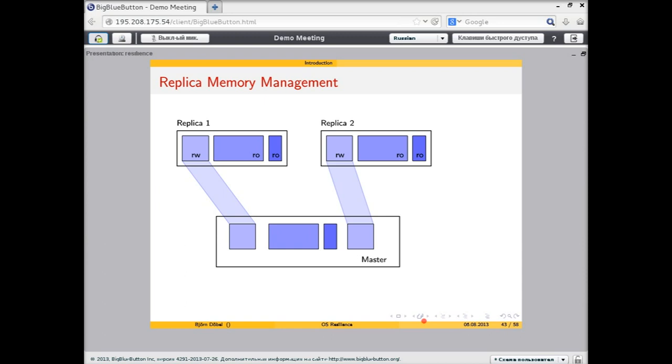And depending on how far replica 1 would be ahead of replica 2, if we took the same source in the master and mapped it to both replicas, replica 2 might see different values from replica 1 and might then show different behavior, which looks like an error, and we need to avoid that. In order to do that, the replicas get their own private copies.